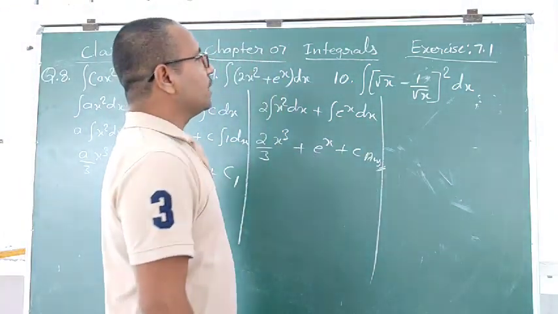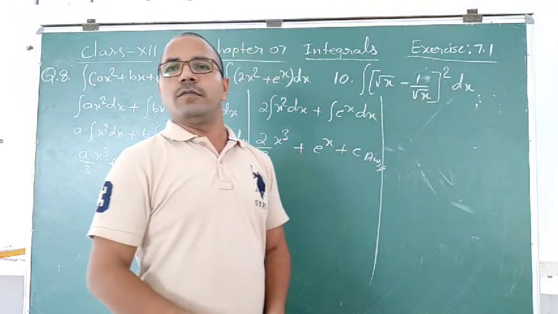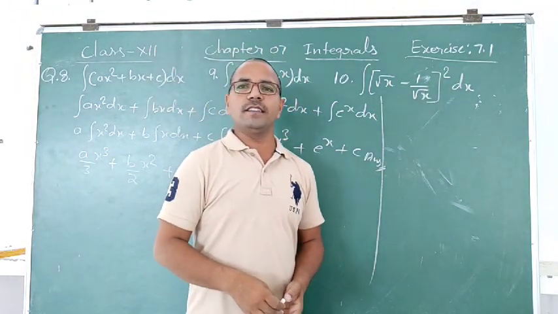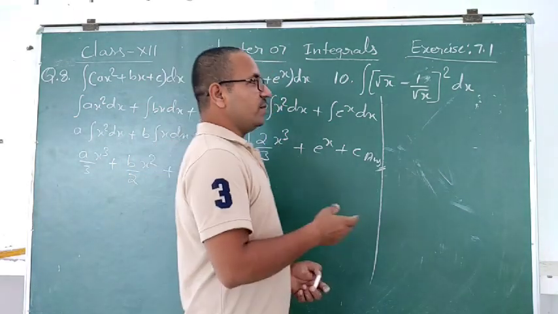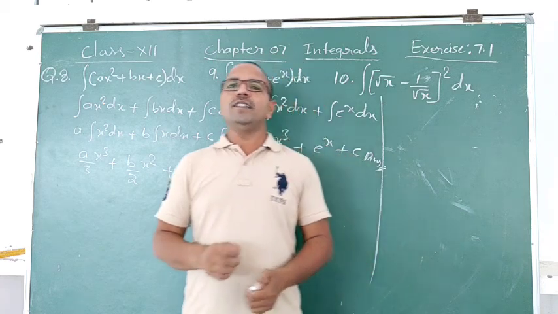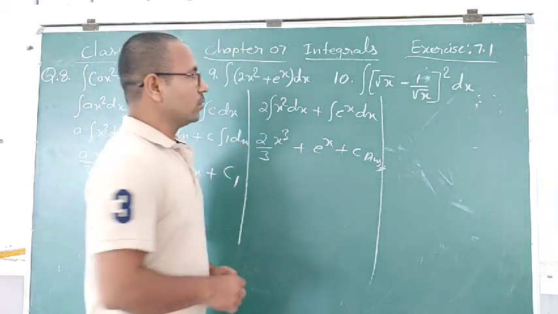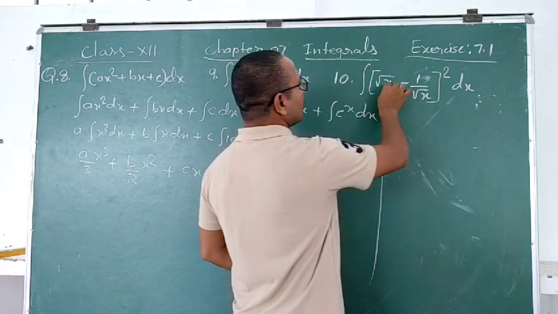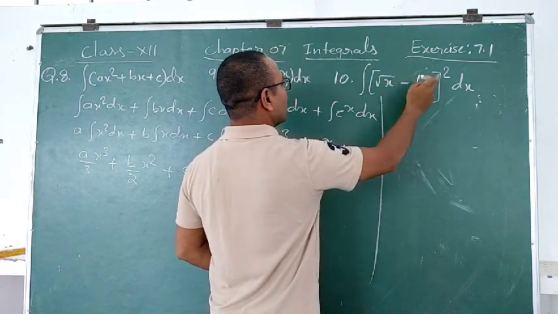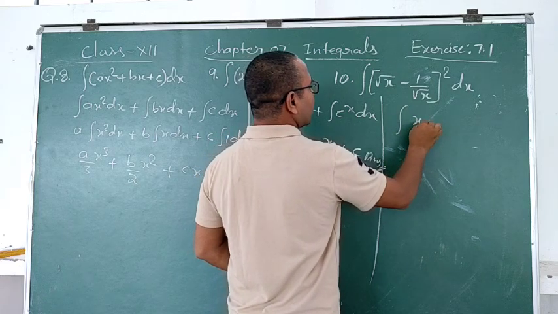So now let's see question number 10. Question number 10 here friends, a minus b whole square we are looking at. So we should use this identity. a minus b whole square identity is a square minus 2ab plus b square. We will use this one. So a square, that means root x whole square, how much will you get here? x.